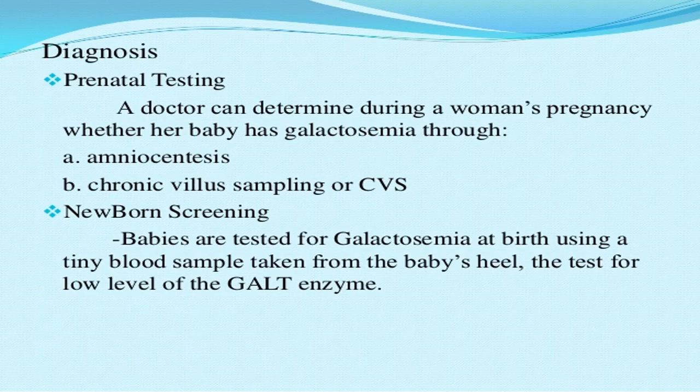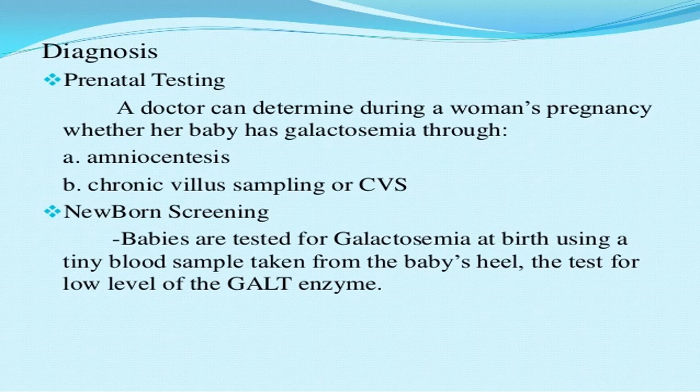So diagnosis can be done at 2 stages. If there is a history of consanguineous marriage, or a previous fetal loss, or any unexplained deaths of the fetus or neonates, then we can go for prenatal testing, where amniocentesis and chorionic villus sampling can be done, and estimation of different enzymes can be done.